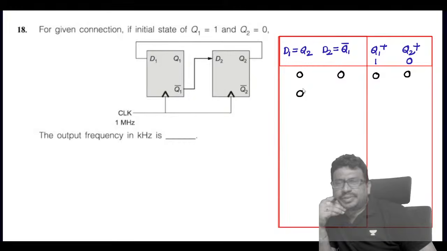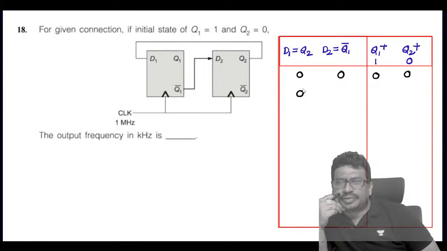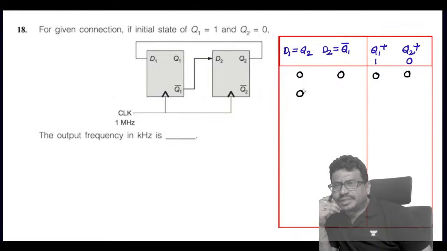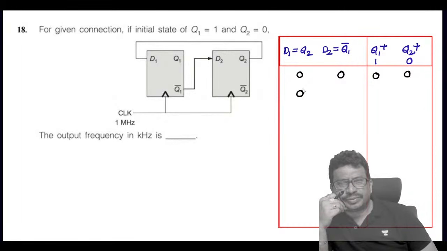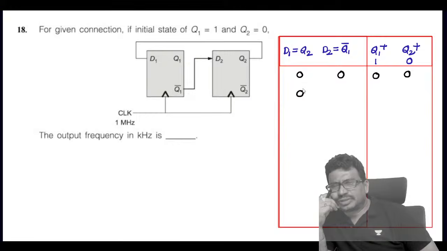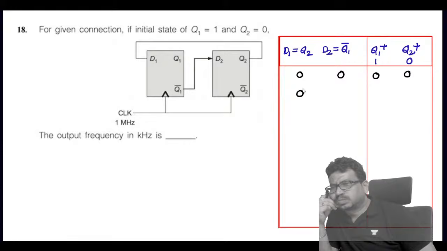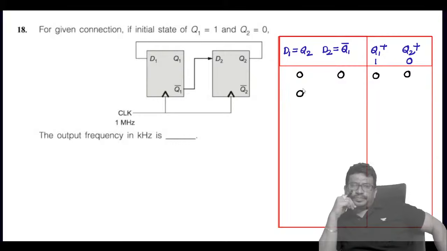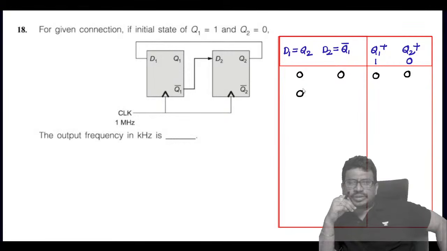D1 is equal to Q2, D2 equal to Q1 bar. Initial value 10, D1, Q2 value 0. This is always getting 0 only, isn't it?